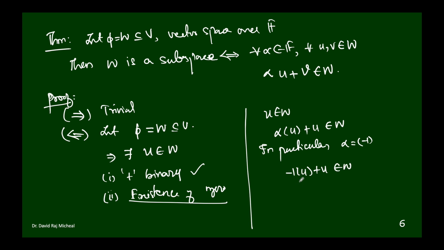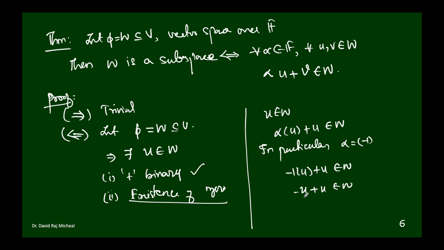That's what we proved in the last lecture for any vector space. So this is minus u plus u, which is in W, but minus u is the inverse of u, because u belongs to the vector space V, and we know who the inverse of u is.